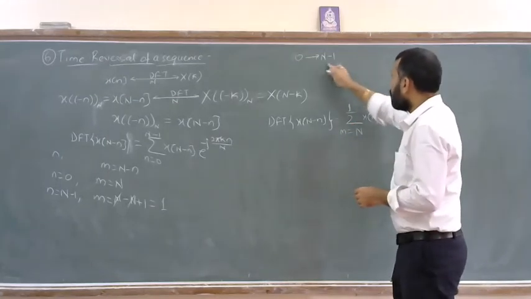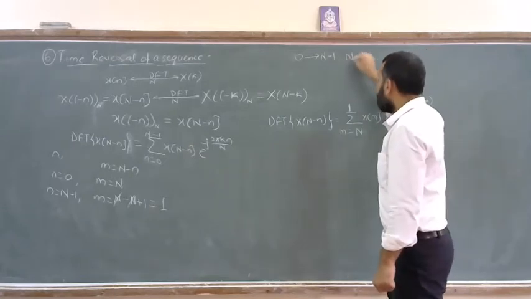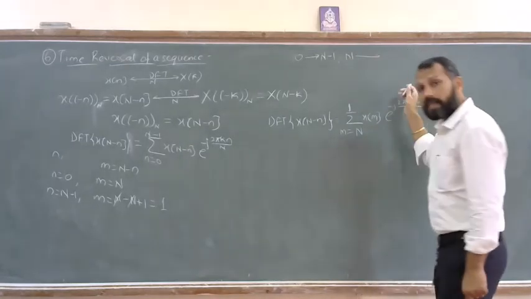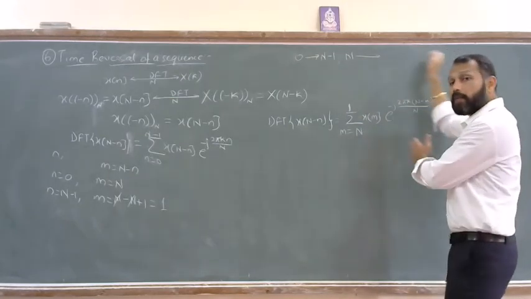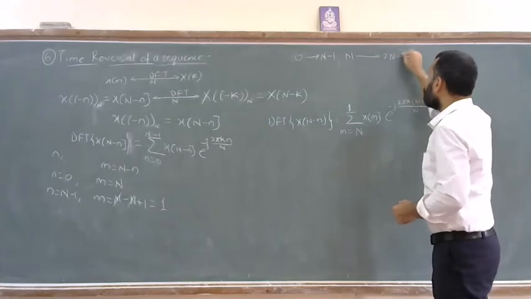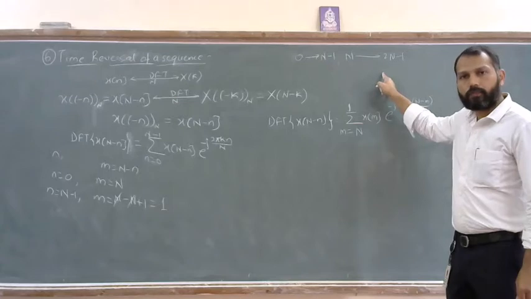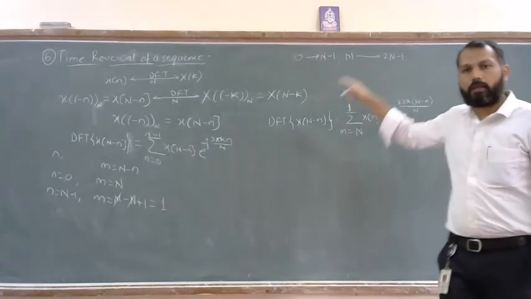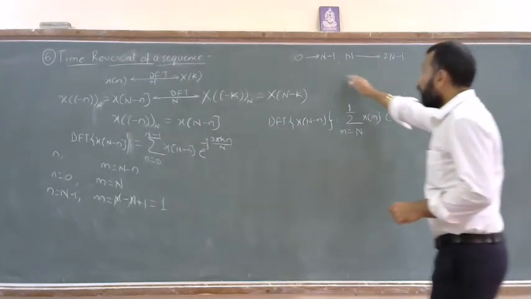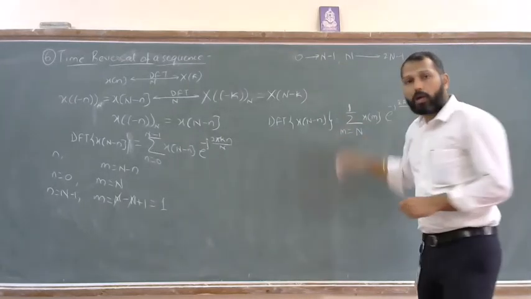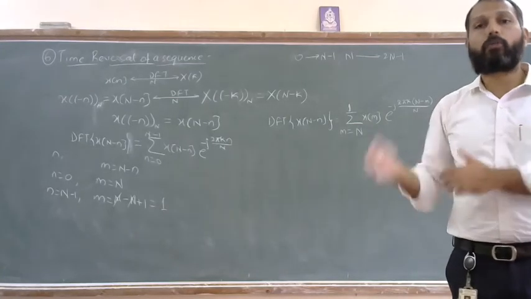Next, after N minus 1, what will be the next value? The next value will be N, and the next N samples from N will go up to 2N minus 1. Yes or no? Okay. Now, because of this periodic nature of the DFT, it doesn't matter from what point to what point you consider.